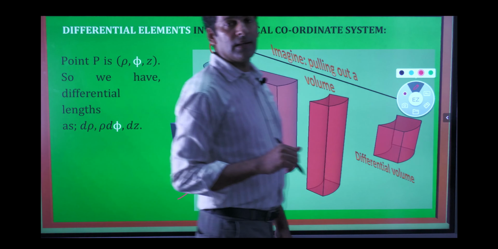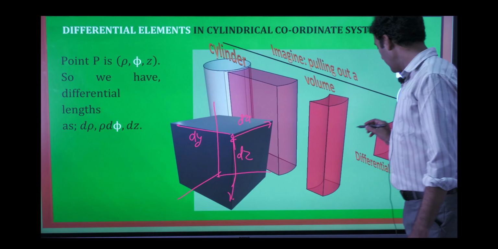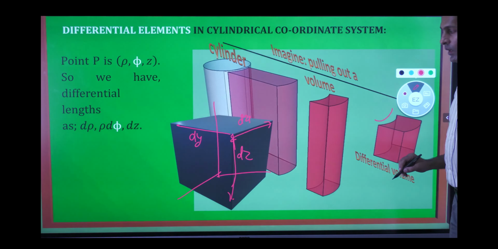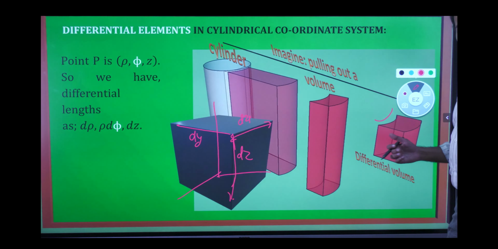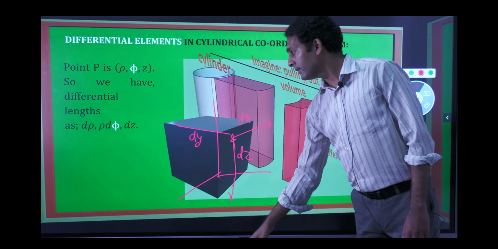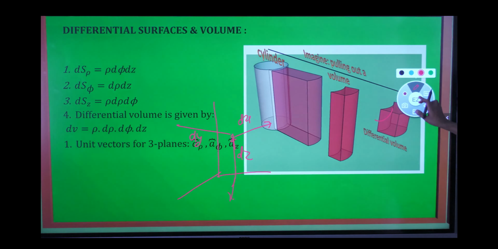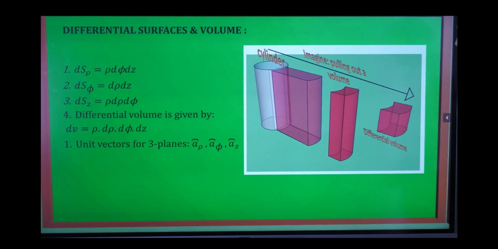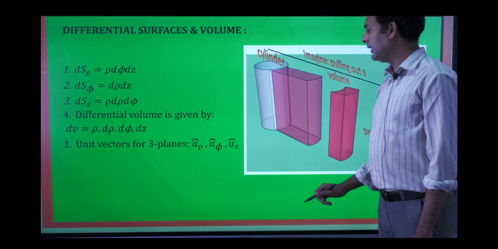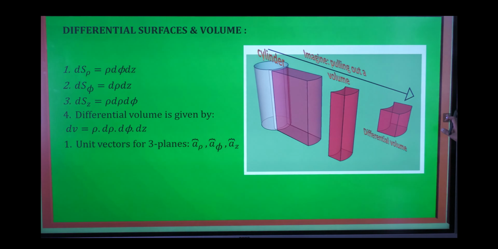But for the cylindrical coordinate system, one will be a curved path. So for dr, no problem, we get it as it is. But for phi, for d phi, we have to add an additional r, that will become r d phi. And there will be three directions for three coordinates. That also we will discuss.